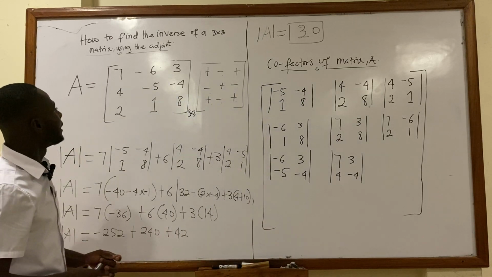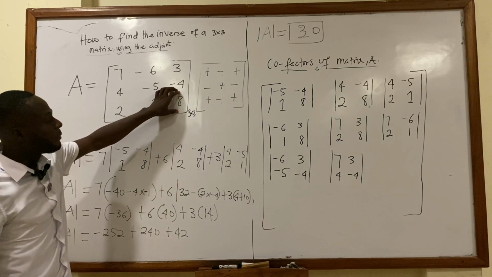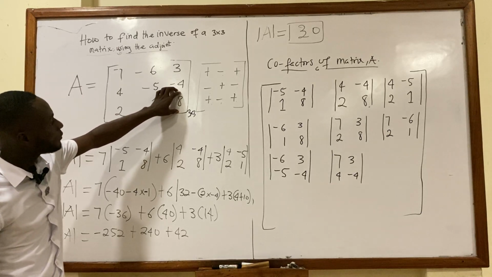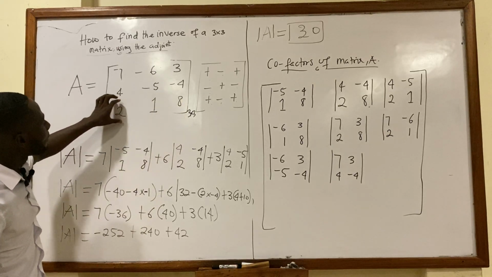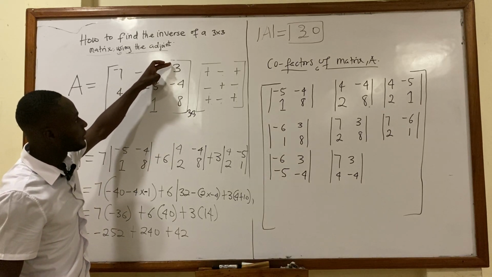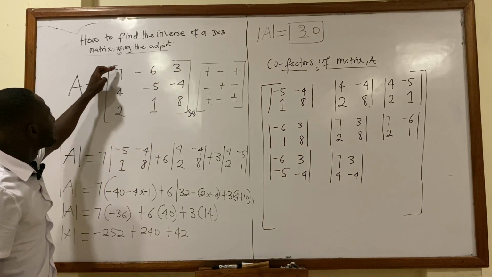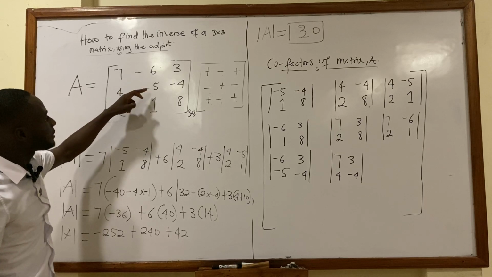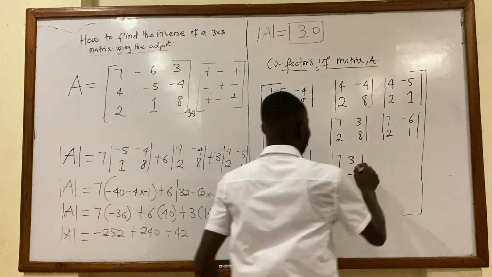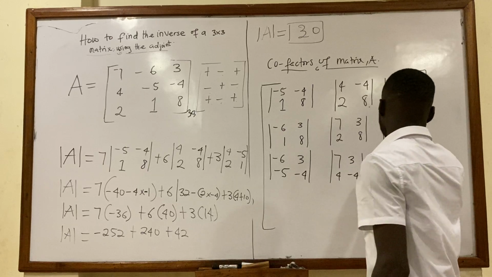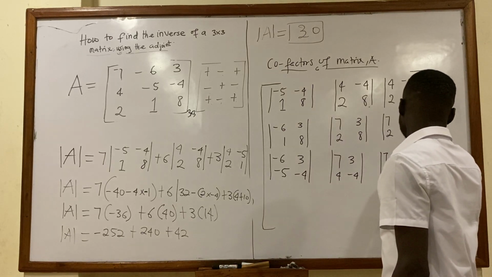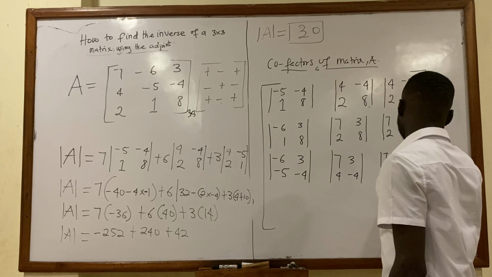And then we take the last element on the last row, right? So when we do that, we avoid all the elements on that row, and we avoid all the elements above it. And then we have 7, 4, minus 6, and minus 5, right? So the last element will be 7, 4, minus 6, and minus 5.